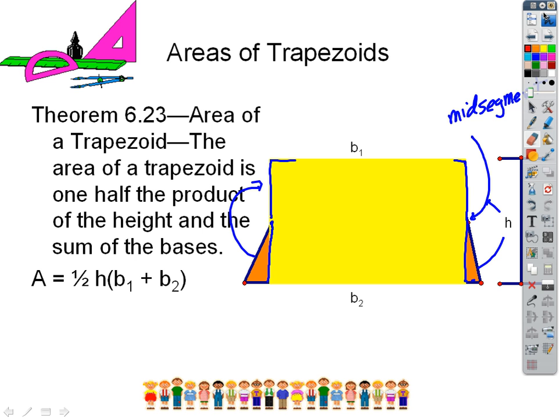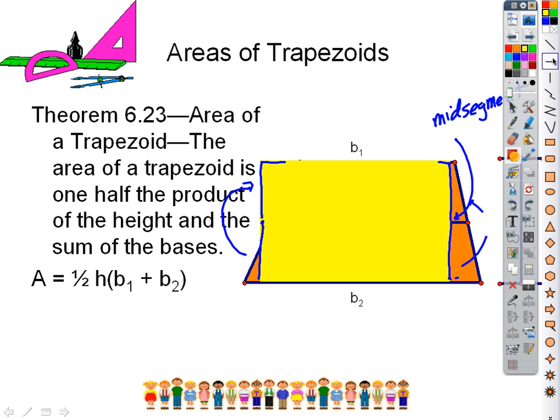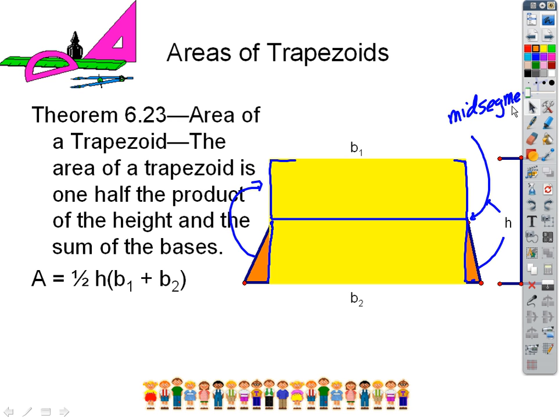Is that the same as what used to be the mid-segment that went from right there to right there? We said the mid-segment was the average of the two bases, so there it is. This distance right here is just B1 plus B2 over 2, isn't it?